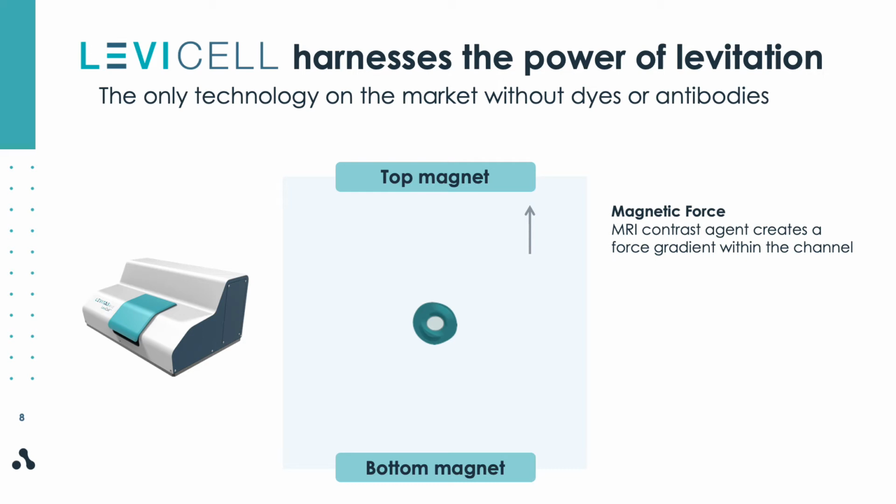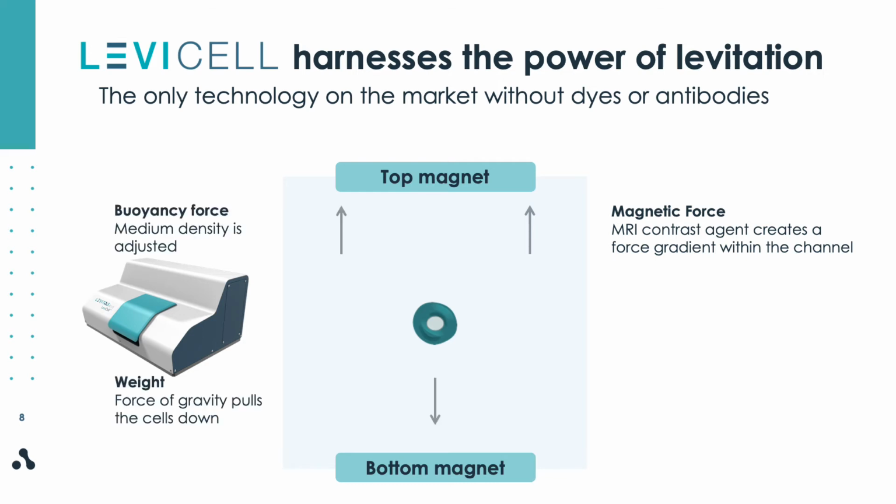What it does do is create a density gradient that effectively follows the magnetic fields. What I mean by that is where the magnetic field is stronger, near the bottom of the channel, the amount of the MRI contrast agent molecules is greater. As the magnetic field decreases, the number of MRI contrast agent molecules decreases. And so what we have effectively created here is a virtual density gradient where the cell or the particle of interest is fighting for space with the molecules of the MRI contrast agent.